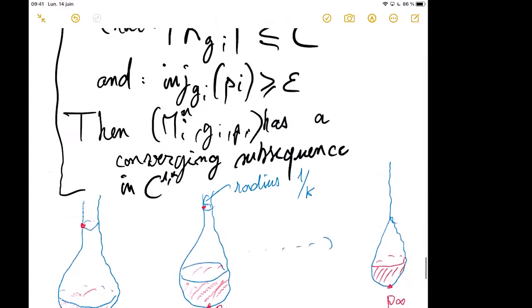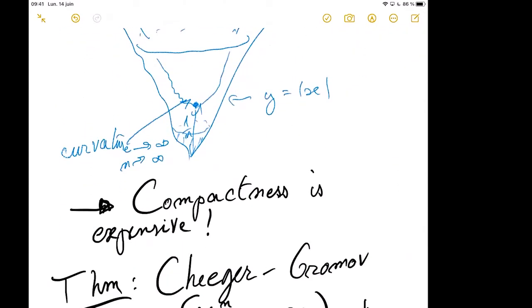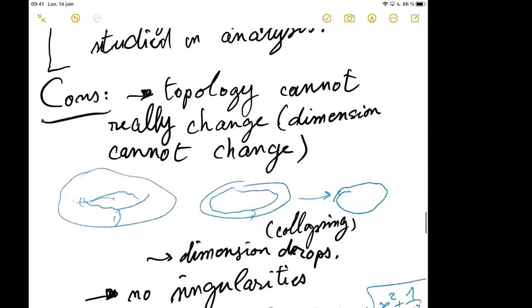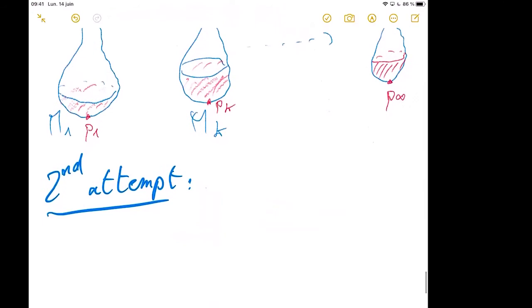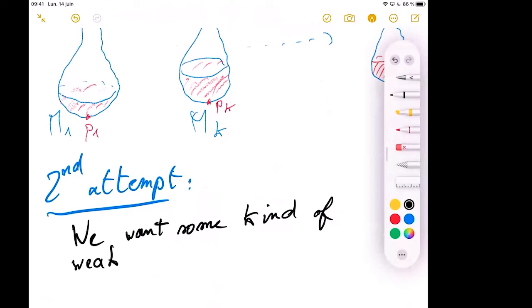Given the fact that compact sets are expensive, and that we would like some non-smooth limit, we are looking for some kind of weak convergence. So we want a weaker topology.